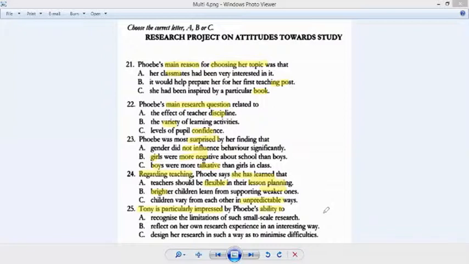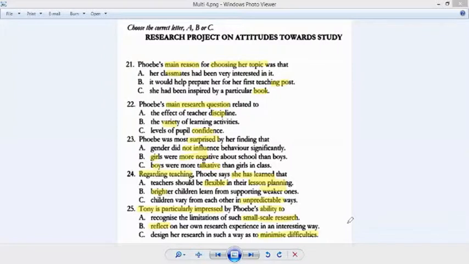We might hear that word, unpredictable. 25, let's see, recognize the limitations of such small-scale research. Small scale. B, let's see, reflect on her own research experience in an interesting way. Reflect on her own research experience. And C, minimize difficulties.